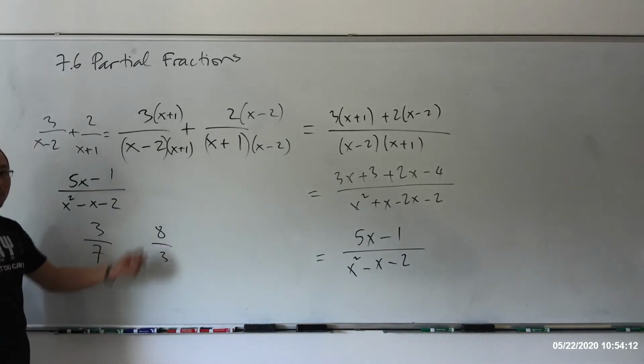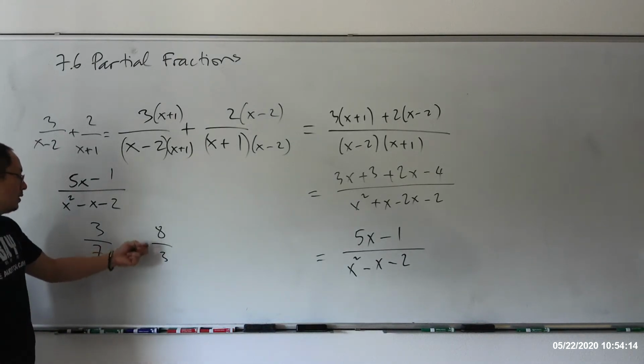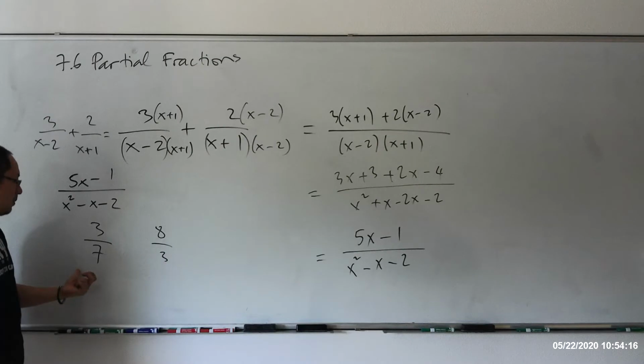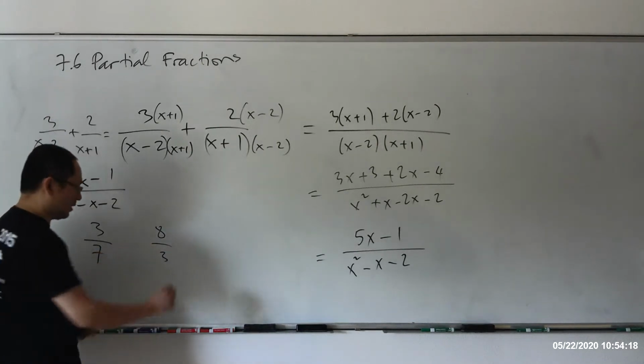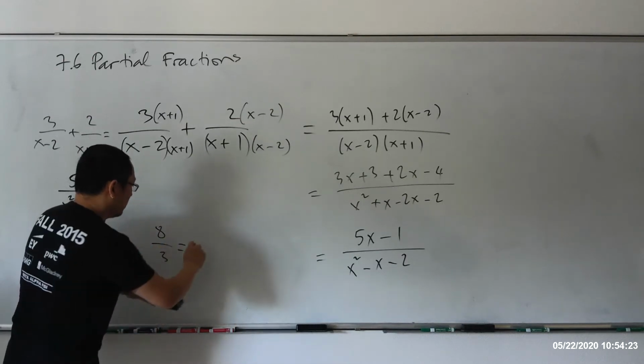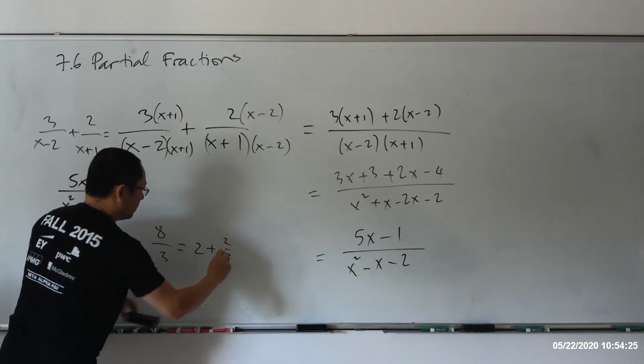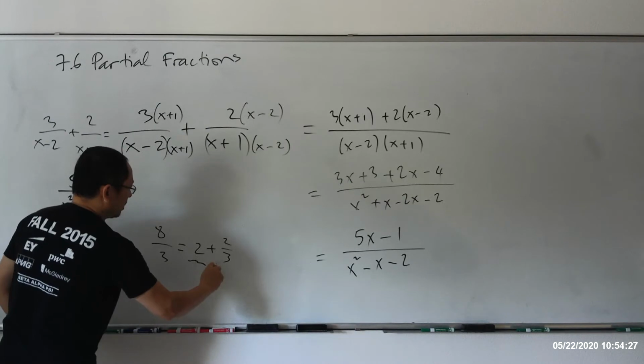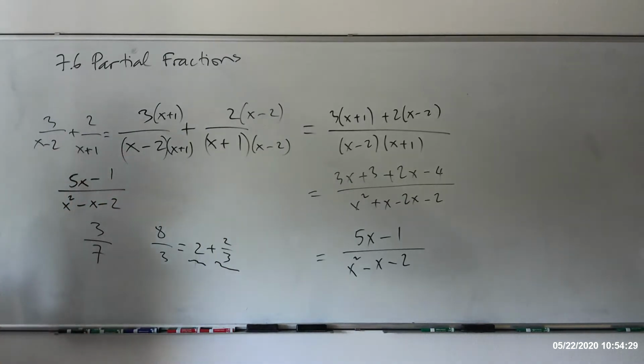This is improper. And how do you simplify this improper fraction to make it proper? You do long division. 8 divided by 3 is 2 plus 2/3. So you have the quotient and then plus a proper fraction. So always work with proper fractions.